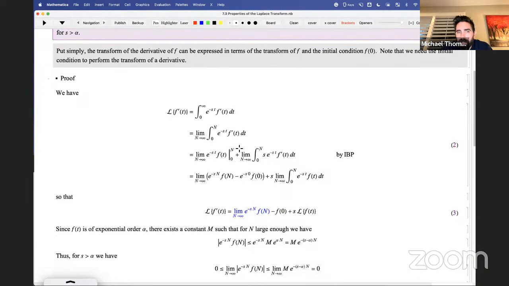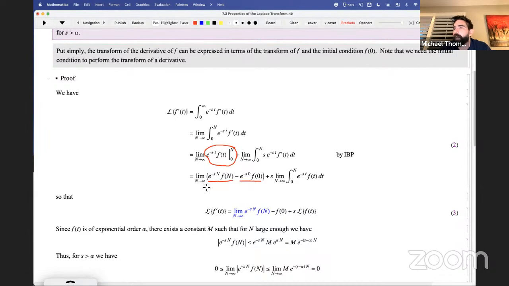All right, so then what happens here? Let's see. We want to evaluate this guy from 0 to n. So you're going to plug in an n and plug in a 0 for t. If we plug in an n for t, we're going to get this guy. And if we plug in a 0 for t, we'll get this guy, and we just subtract the two.